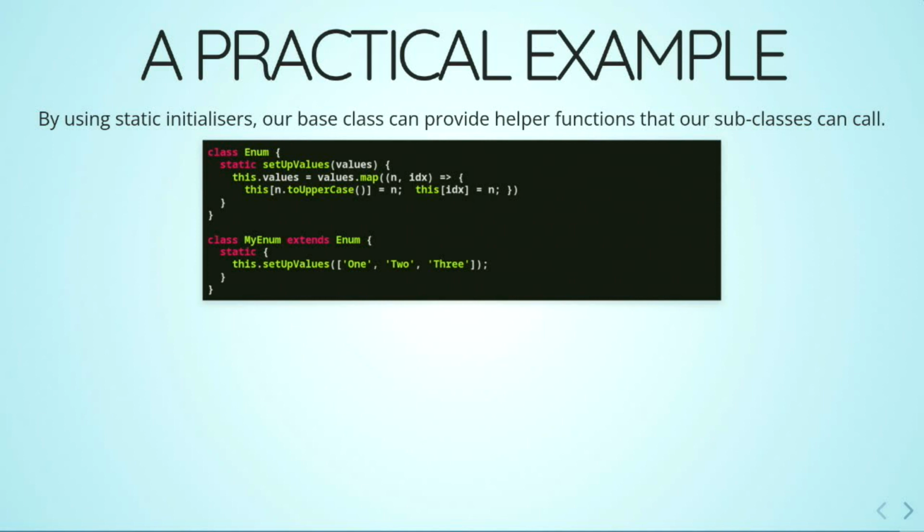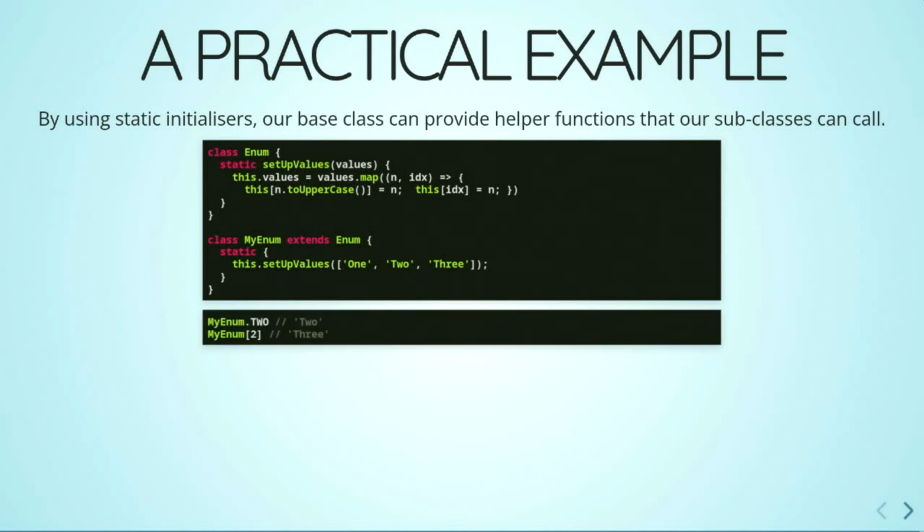Here we can see it simply maps over the values and tries to set on this the uppercase version of that name and then the index back to the value. And the product of this output is that we now have an enum very much like Python, where I can look it up by name or I can look it up by index.